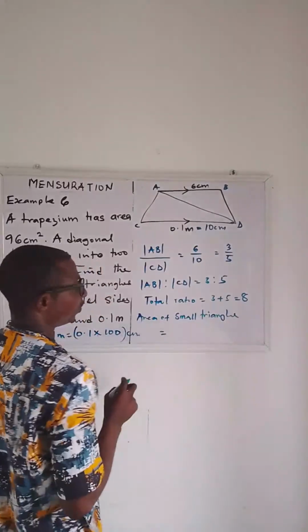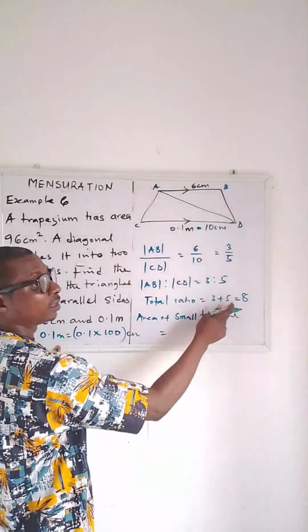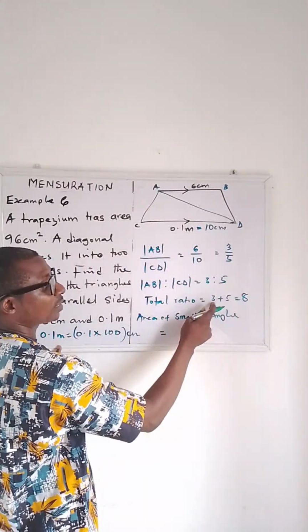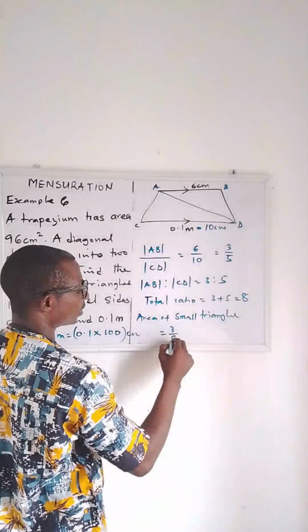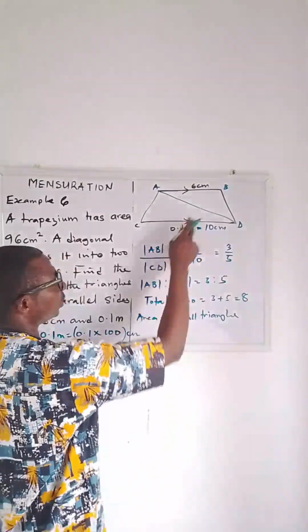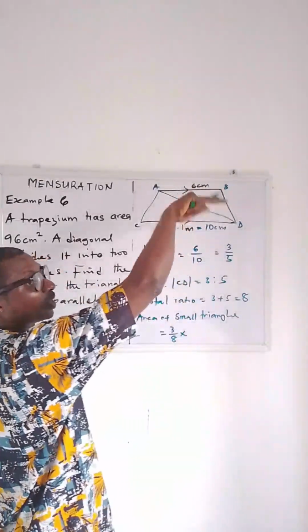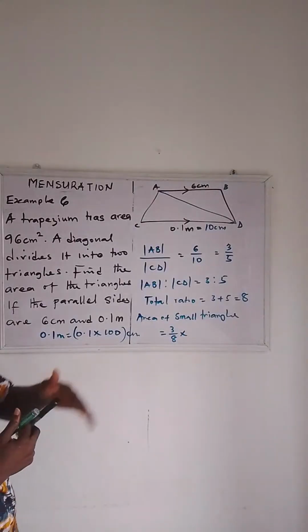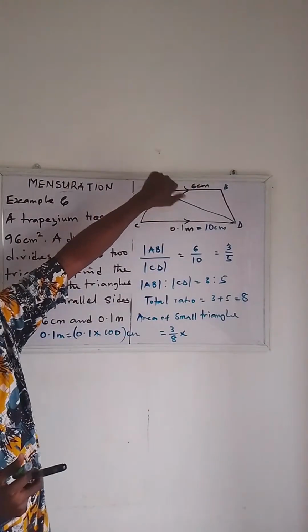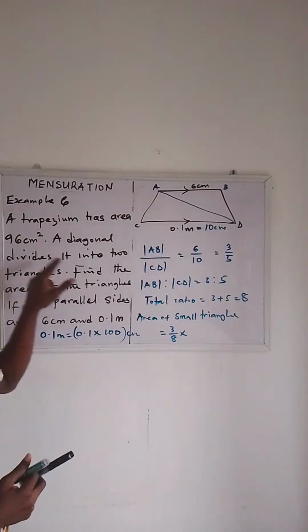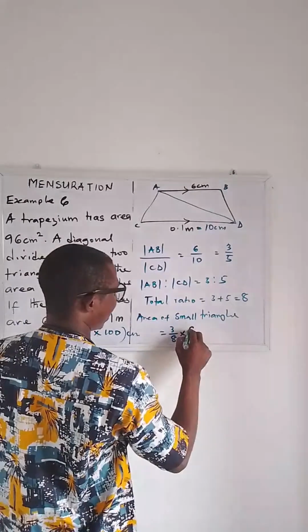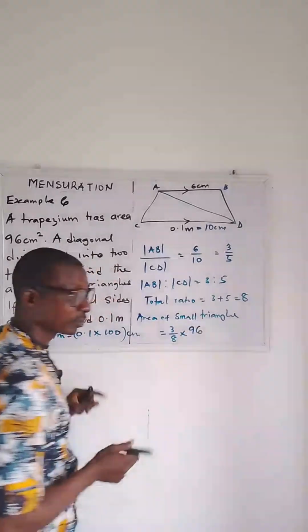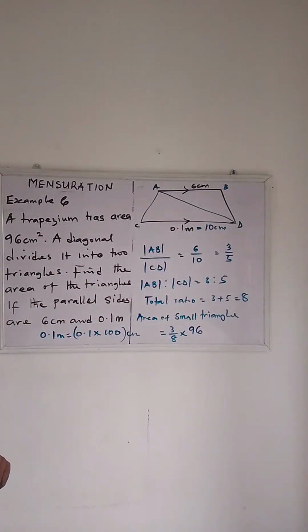Since this is the ratio, the smaller triangle is going to have the 3. So we have 3 over 8 times the total area of the trapezium, which is 96. I hope you understand that.